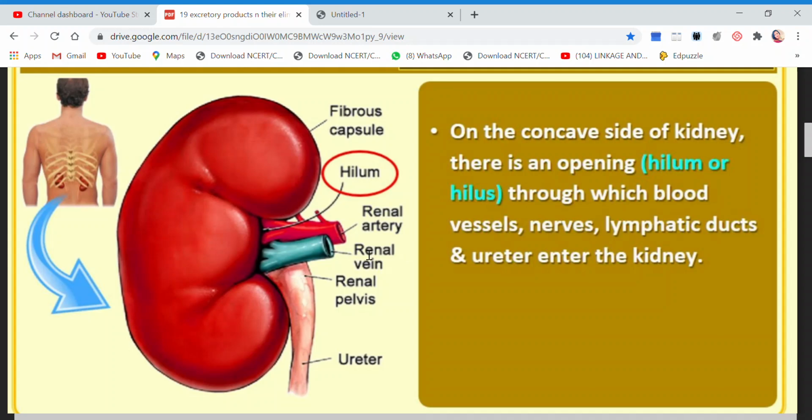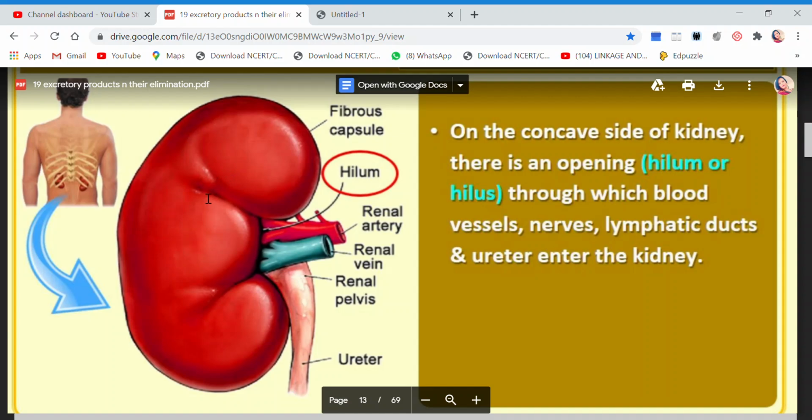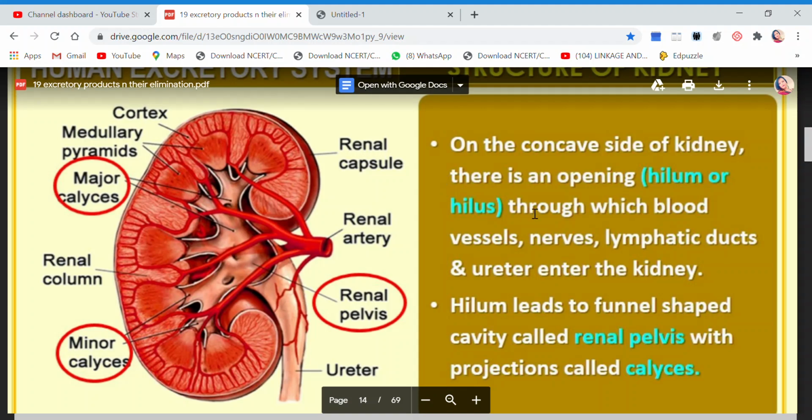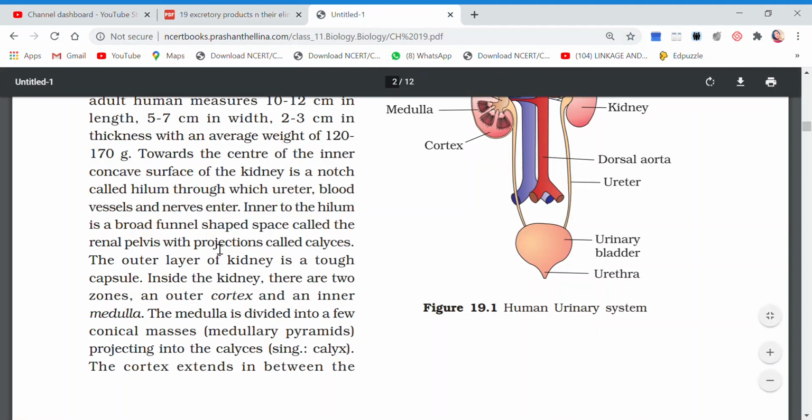Renal vein will carry deoxygenated blood, and the ureter will carry the urine which will be formed by the kidney.